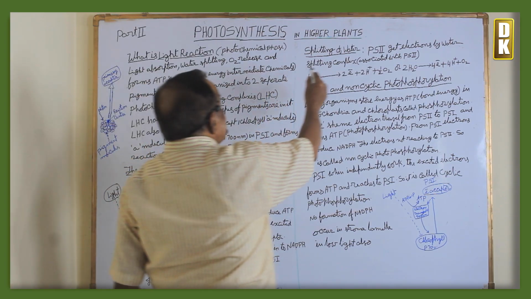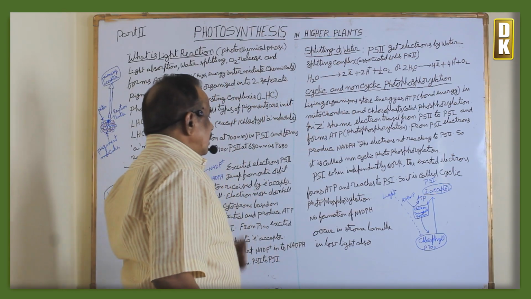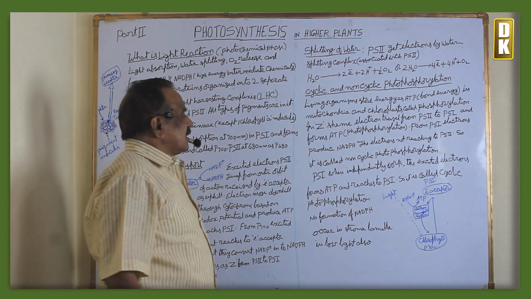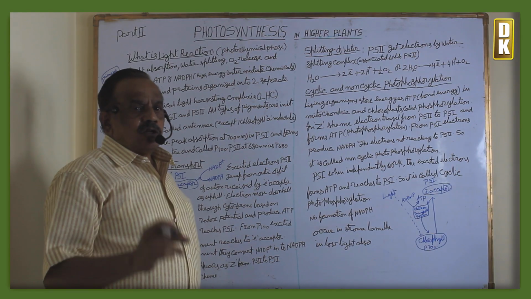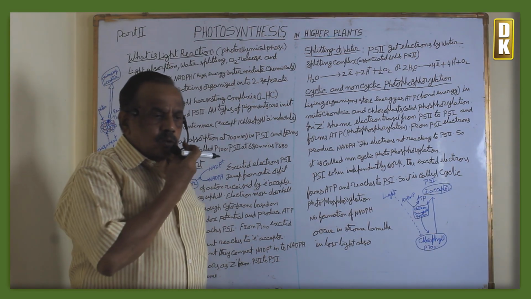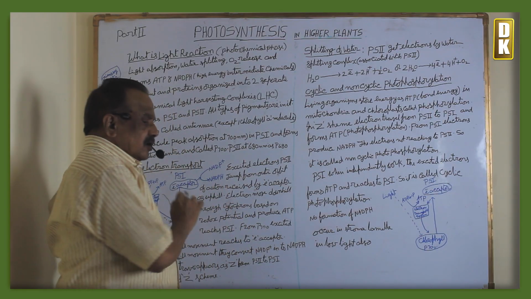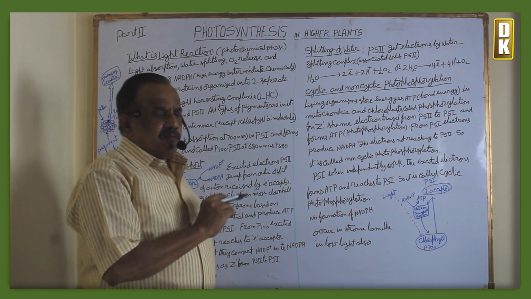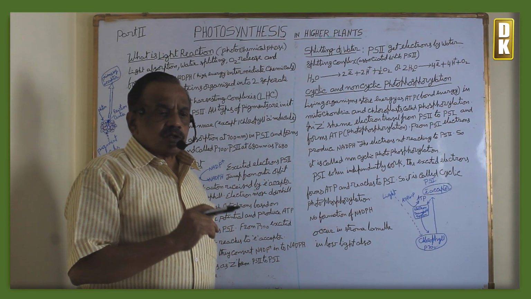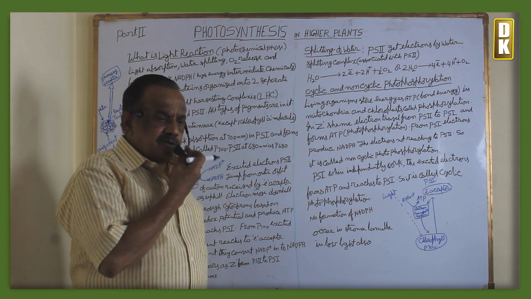So here, splitting of water. What is splitting of water required for? To provide electrons to the photosystem 2 molecule, the photosystem 2 chlorophyll a molecule which lost its electrons, to refill it.